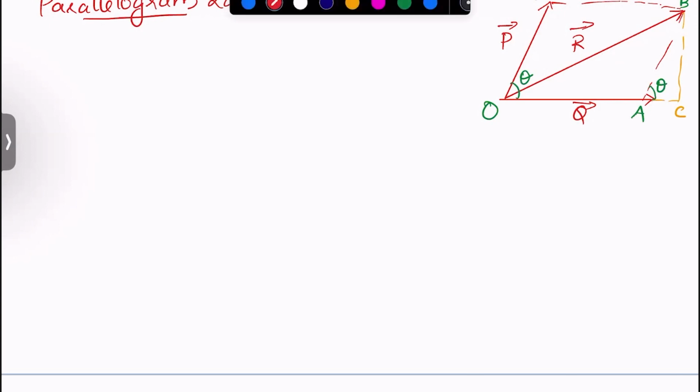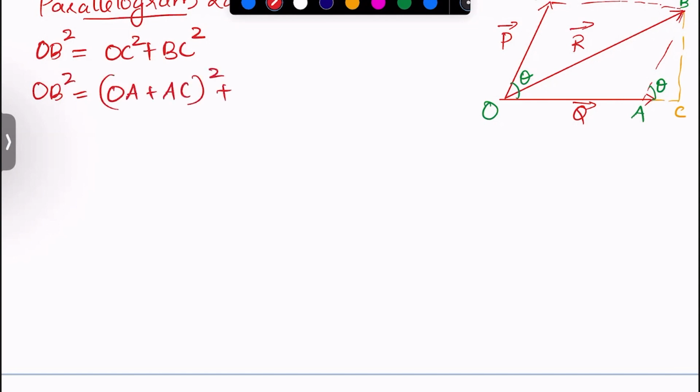Now we have got these results before using Pythagoras theorem. The resultant OB square is equal to OC square plus BC square, and OC we wrote as OA plus AC the whole square, plus BC square.